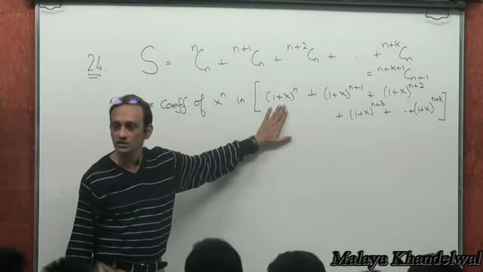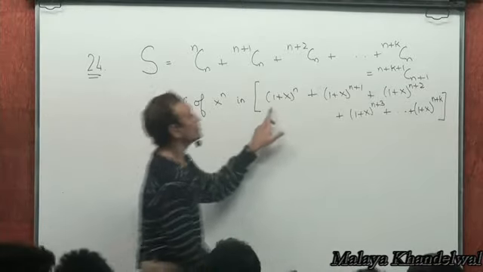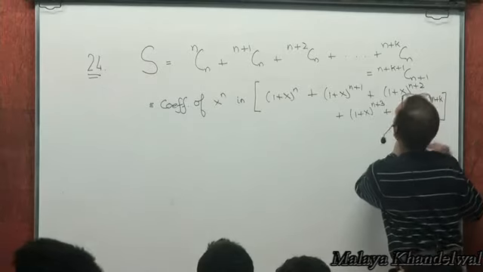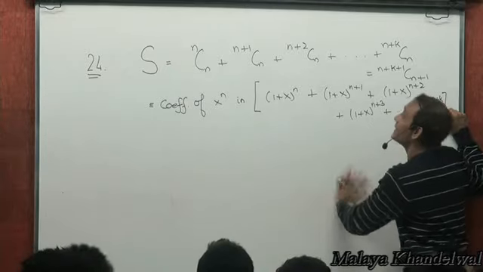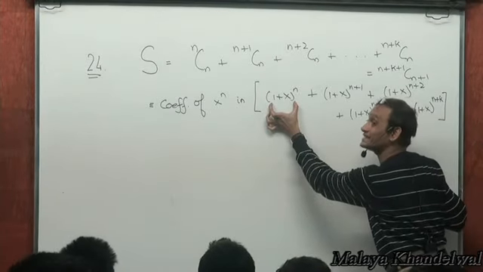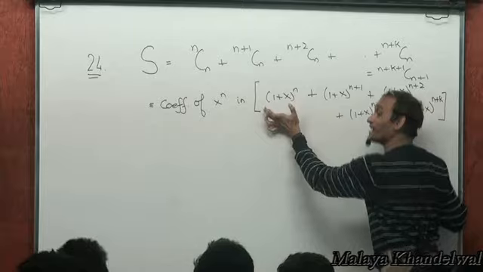Do you all understand this? And this essentially is a GP series of k plus 1 terms and common ratio 1 plus x, first term 1 plus x power n.